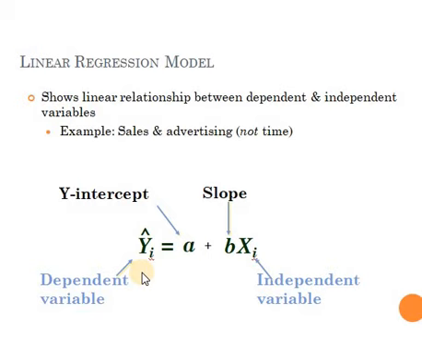What if I made only one advertisement this month? So what will be the sales? So you see, sales is dependent on the advertisement, not the time. So this is how we look at the linear regression models. We have the relationship between two variables, dependent and independent. Now, using this linear regression, we will solve some exercises to see what the demand will be.